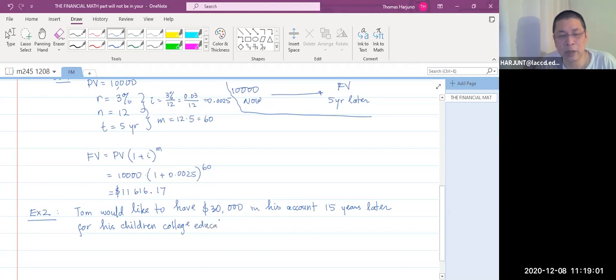Actually, somebody asked me this question, Thomas, when your children grow up later on, will you send them to college first or go to university right away? And my answer is college if they cannot get any scholarship at university.